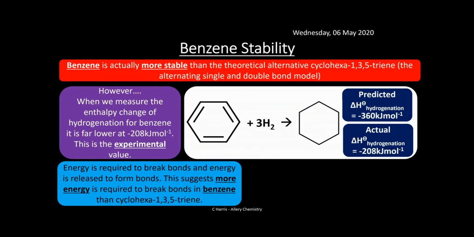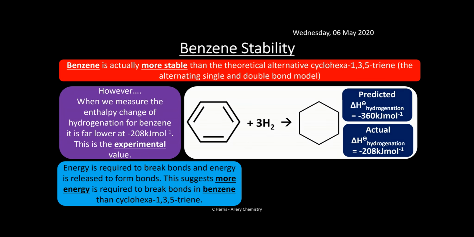So what that means is effectively benzene is more stable. More energy is required to break the bonds in benzene than in cyclohexa-1,3,5-triene. So that means that benzene is a more stable molecule because more energy is needed to break the bonds, and energy is released when we form them.